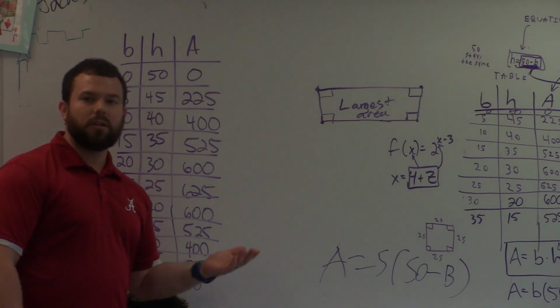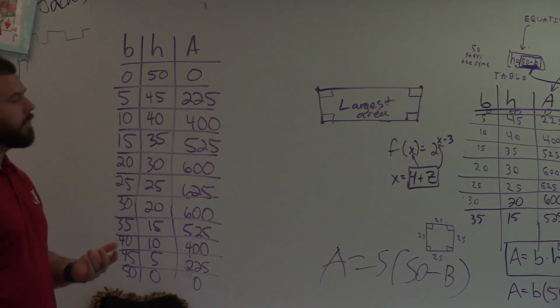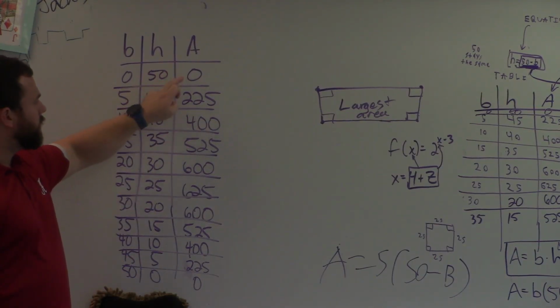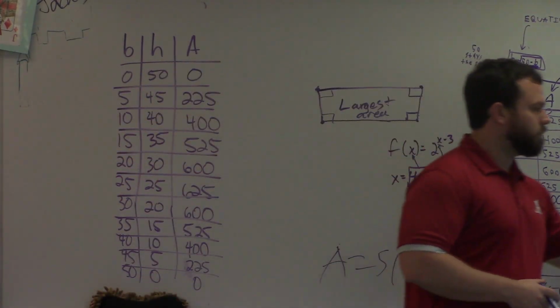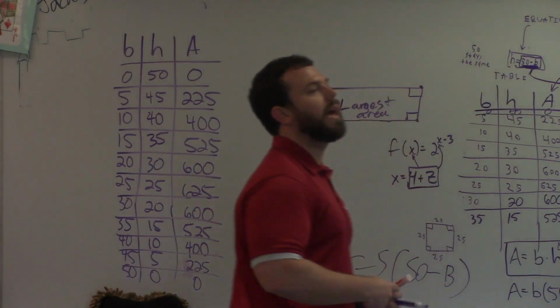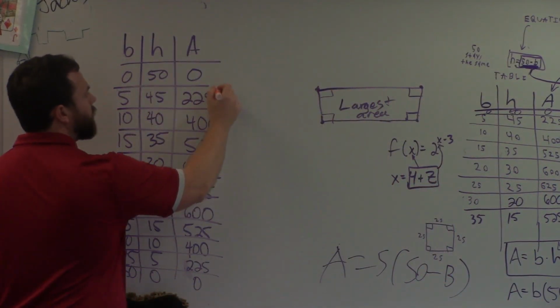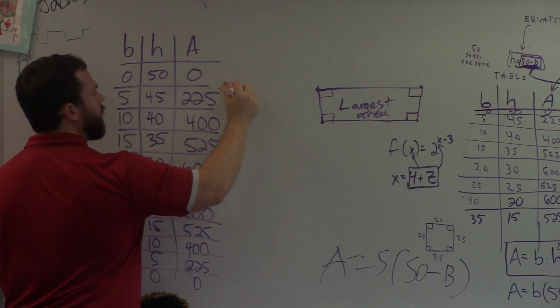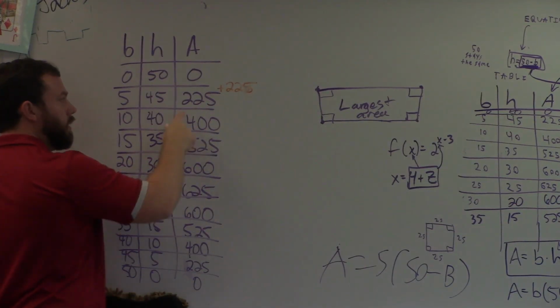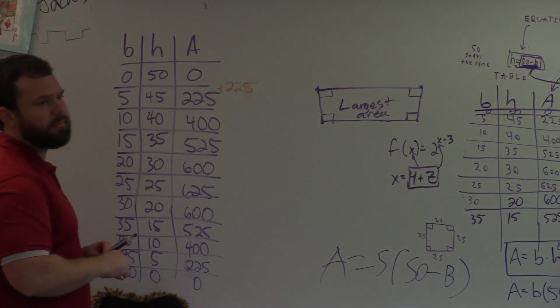When I look over here, I need to be looking for a rate of change. What's happening to go from 0 to 225? It's changing by how much? It's adding 225. What about to go from 225 to 400?